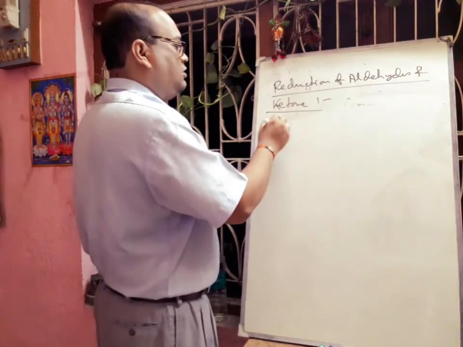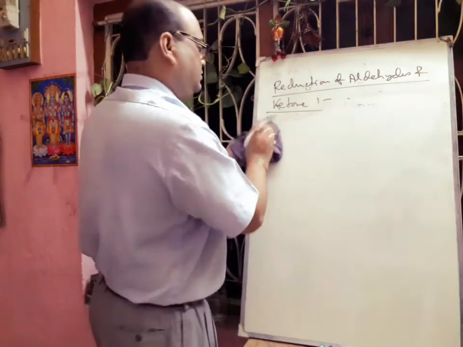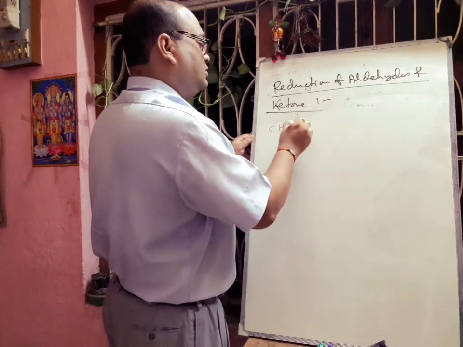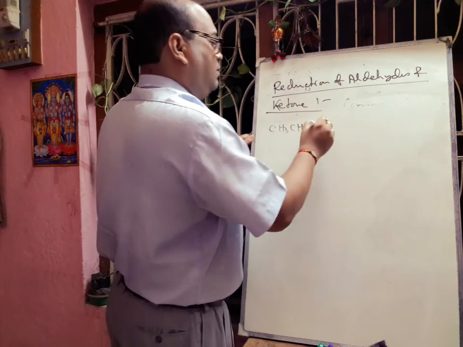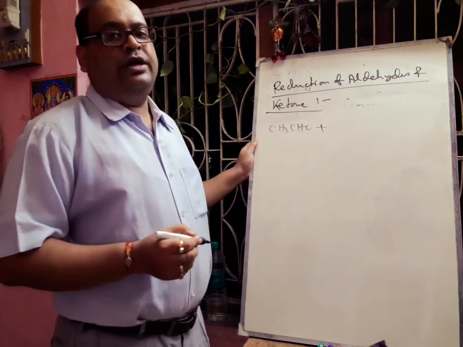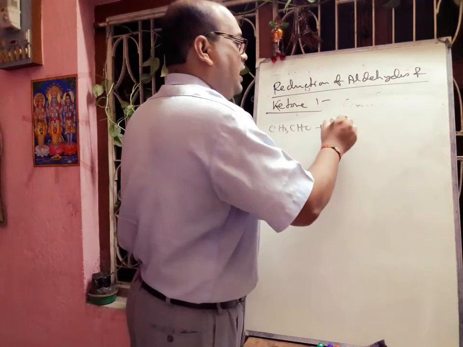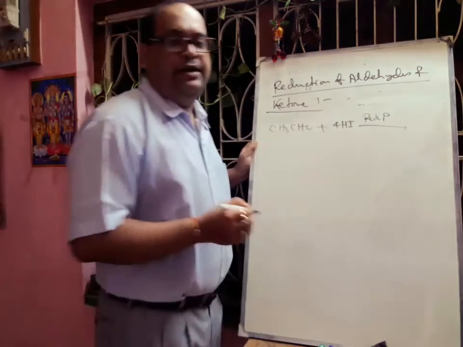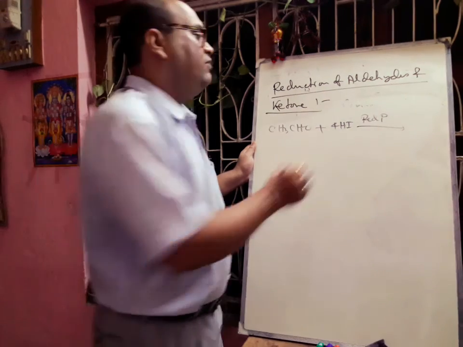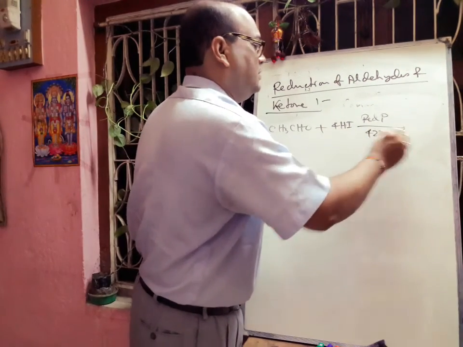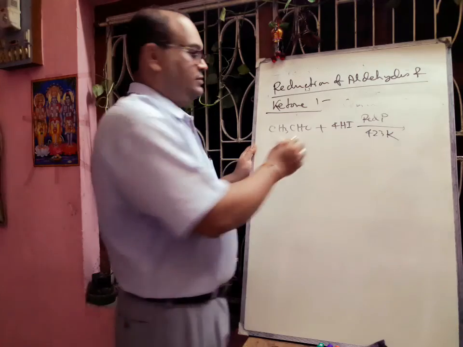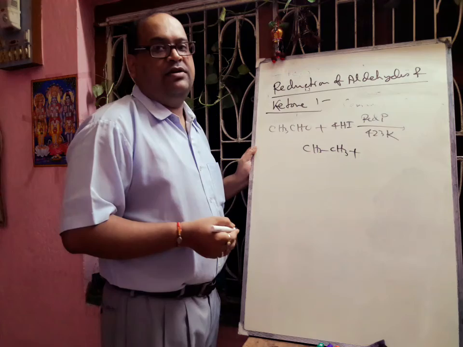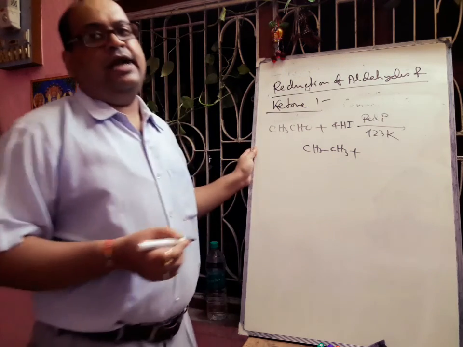So here also we can prepare hydrocarbon, taking CH3CHO plus hydroiodic acid plus red phosphorus at a temperature around 423 Kelvin, that will produce ethane, CH3CH3, and there will be formation of H2O and I2.